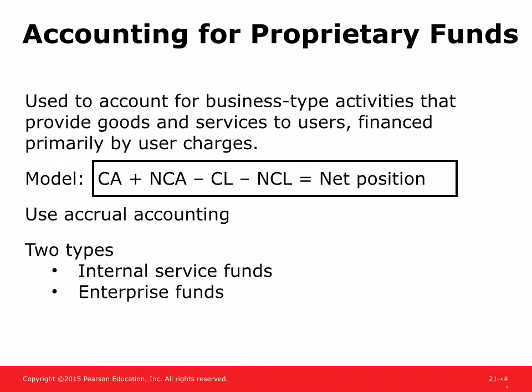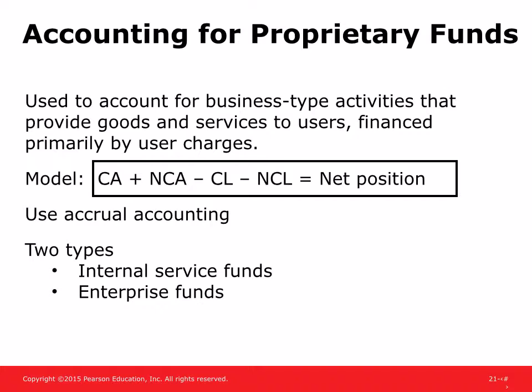So you see current assets and non-current assets set out separately, and the only reason that they're set out separately there is so that you realize the difference and distinction between what the accounting for proprietary funds looks like compared to the other governmental funds that only look at current assets and current liabilities. But you'll see that that basically follows the format of a balance sheet, with the exception of changing what owner's equity would normally be to the verbiage you see here of net position.